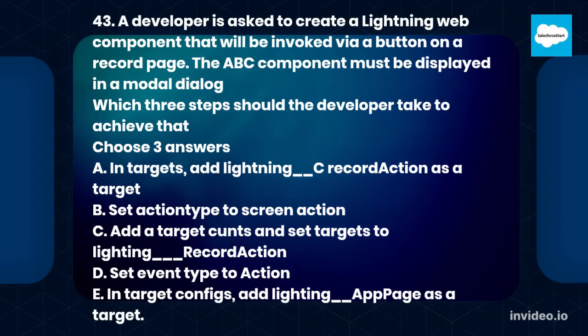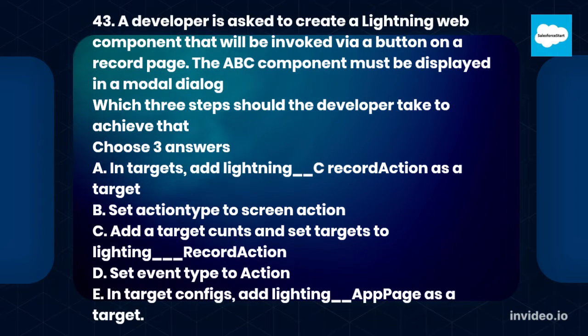43. A developer is asked to create a Lightning Web component that will be invoked via a button on a record page. The ABC component must be displayed in a modal dialog. Which 3 steps should the developer take to achieve that? Choose 3 answers. A. In targets, add lightning__RecordAction as a target. B. Set action type to ScreenAction. C. Add a target config, set targets to lightning__RecordAction.